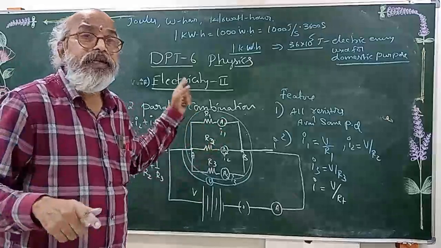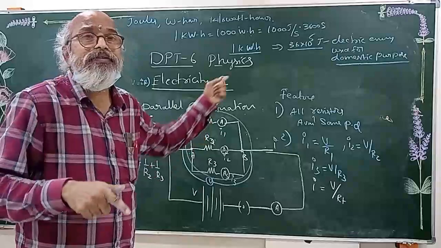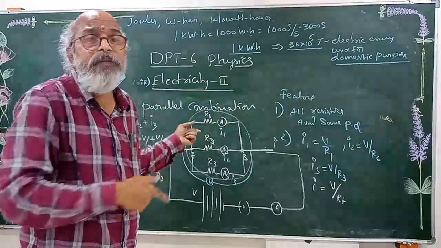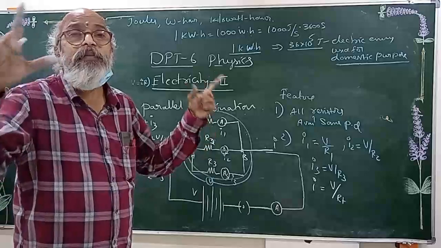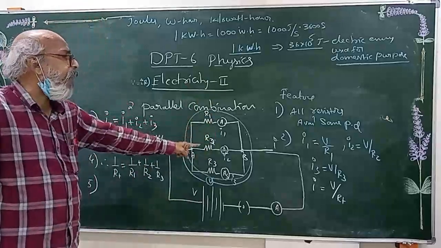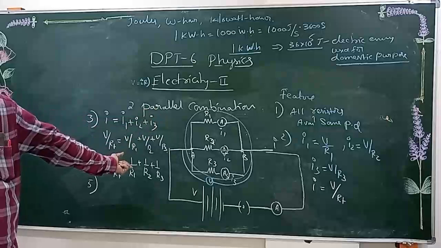Total power: if three resistors are connected in series, then the power consumed is less compared with when the same combination is connected across in parallel, where we get maximum power utilization. All gadgets will work with maximum capacity. So the power consumed will be maximum.